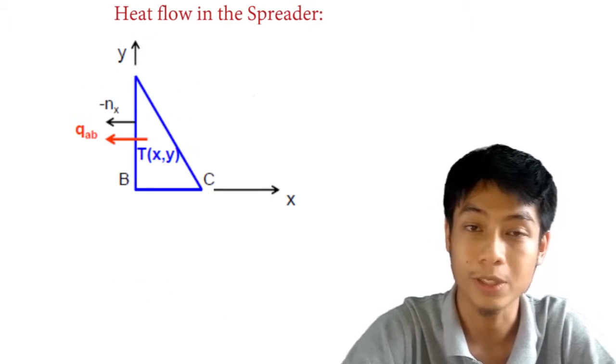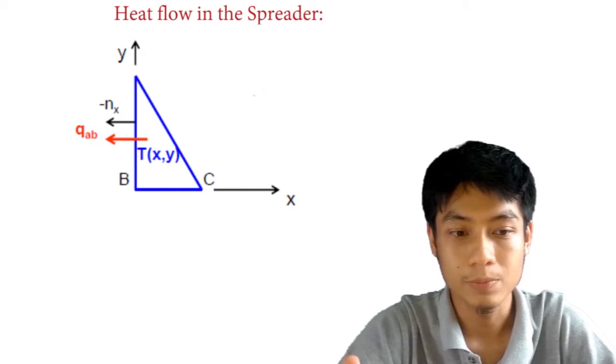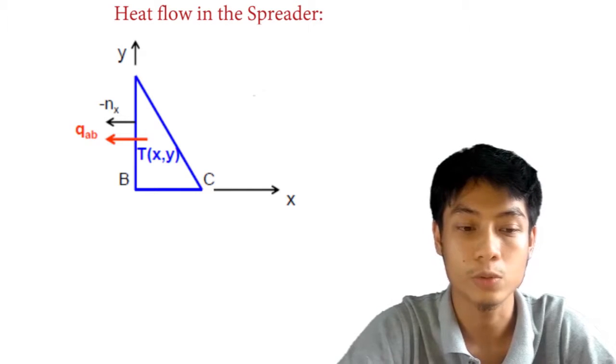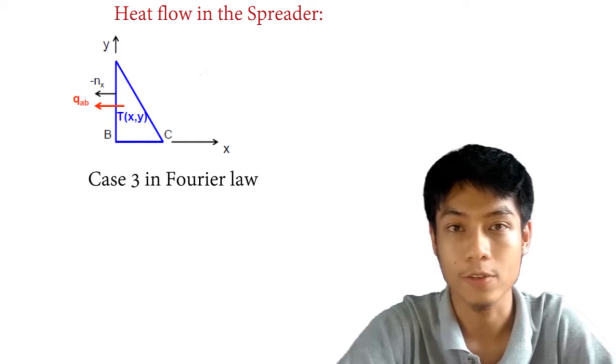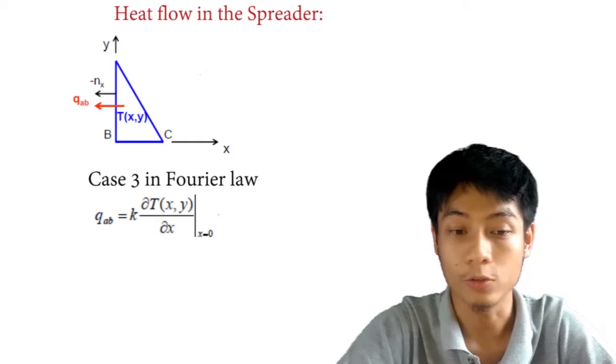And we can see from the triangle diagram, QAB, where the heat flows to the surrounding with negative nx. So it is case 3 in Fourier's Law, thus we have QAB is equal to K delta T(x,y) over delta x.